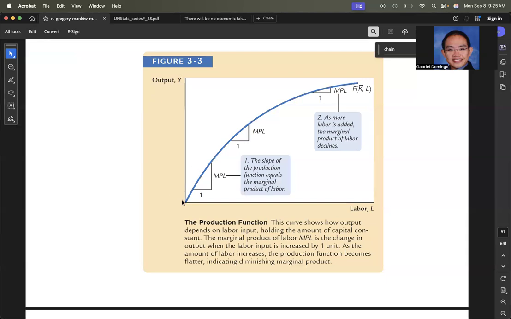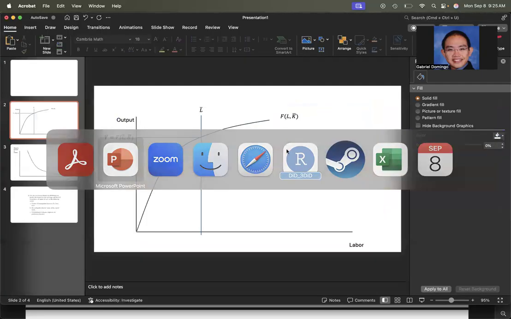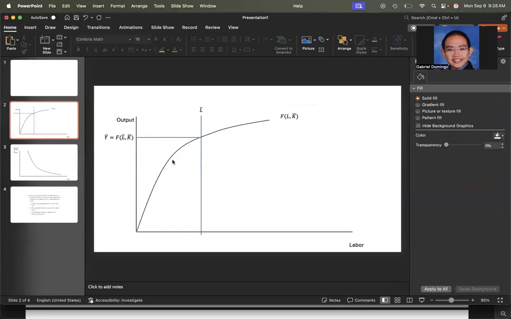So right now I'm going to replicate this curve. And if you come with me here, you've got an upward moving curve with labor in the x-axis and output in the y-axis. Note that we have K bar fixed as part of the function here. So any given K bar will have this kind of shape.